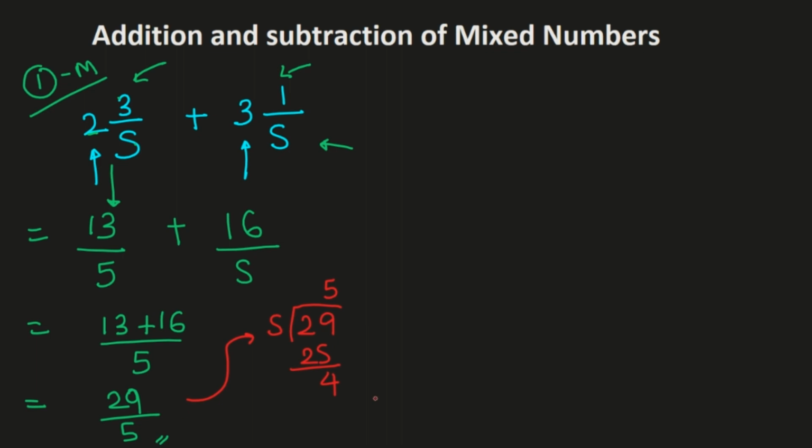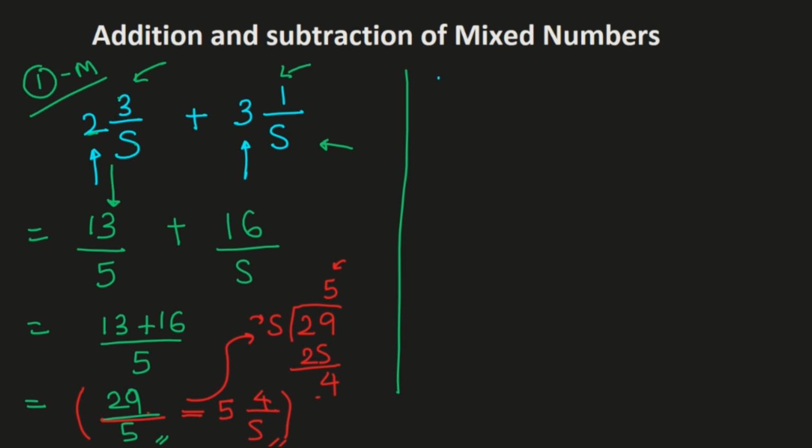So if you write this 29 upon 5 as a mixed number, you can write it as 5 and 4 upon 5. Understood? So both these answers are same. You can either keep it as an improper fraction or you can simply convert it into a mixed number and keep the answer. Right. Okay, let's go to the second method where you can do the same question.